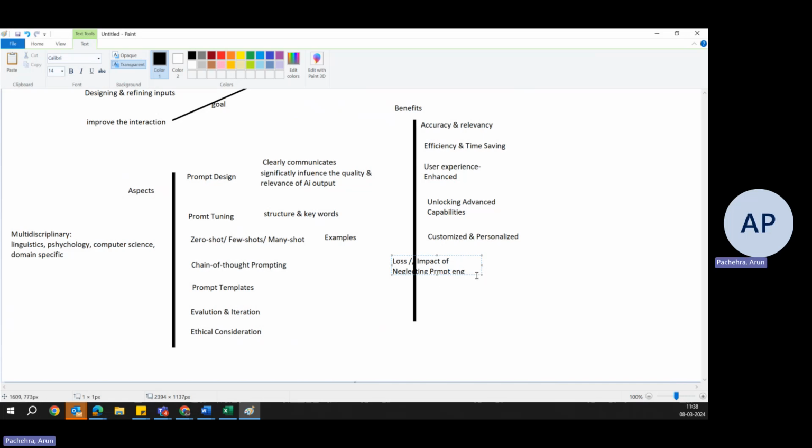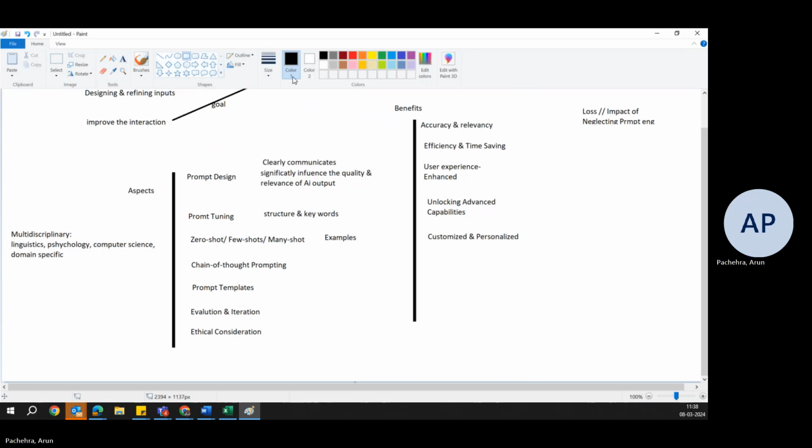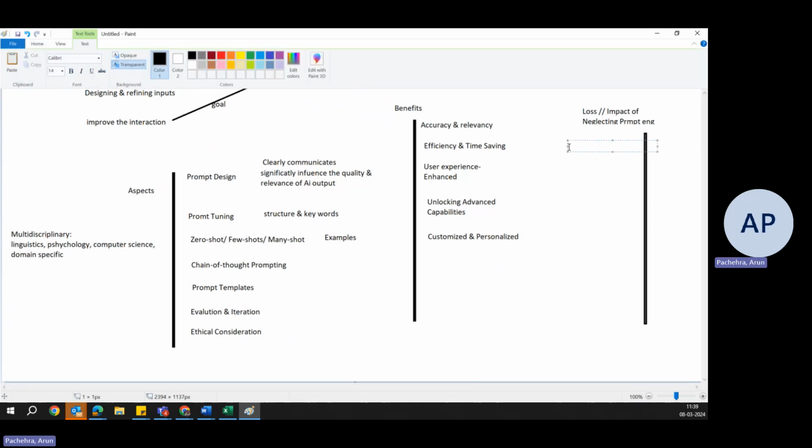So where did I put it? Here. Maybe I should put it here. Right? Yeah, that will make more sense already. All right, I'll start writing here this way.